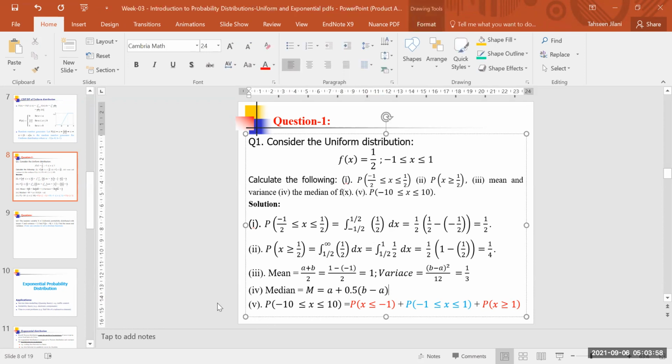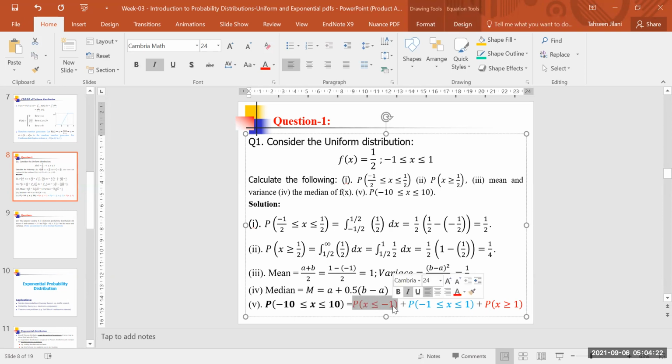You just need to put the values and verify this. They are very simple, so I did not solve everything. This is useful. It is asking you to find a probability which is away from the given limit, because your domain set is -1 to +1, and this is asking for values beyond the domain set, -10 to +10. What I did, I split it into 3 pieces.